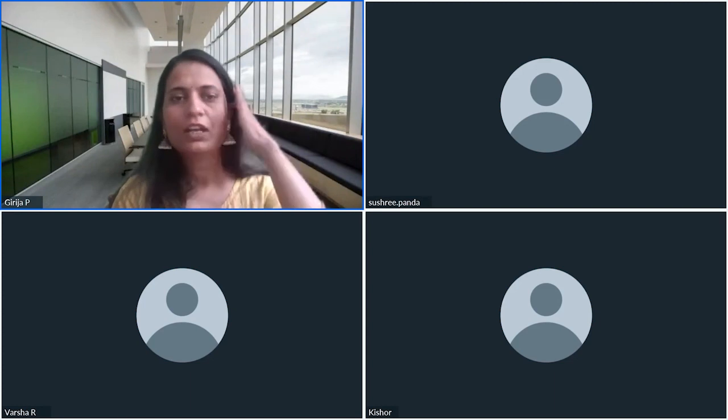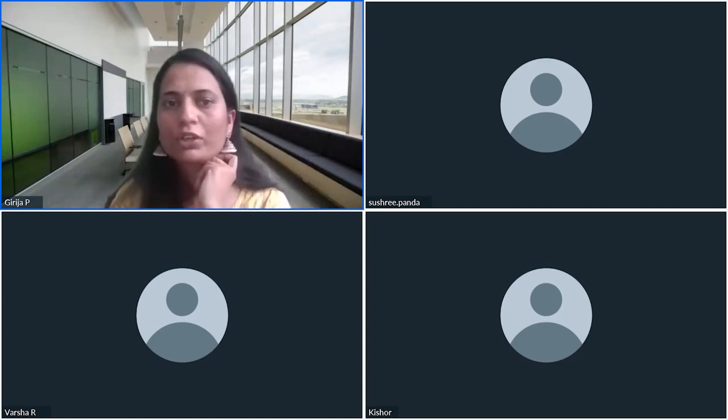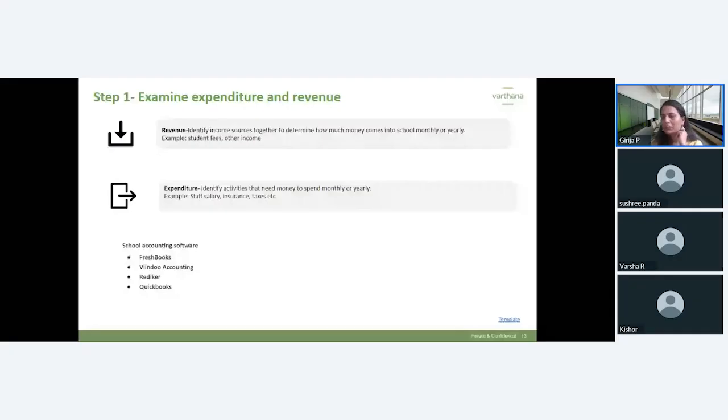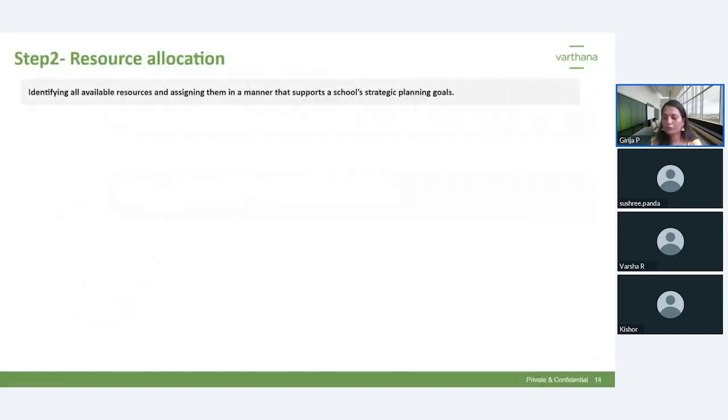Now we have talked about examining expenditure and revenue, and we have seen the tools which can help you to capture all these things. Next step would be the resource allocation. This is a very important part when we are doing the budgeting.